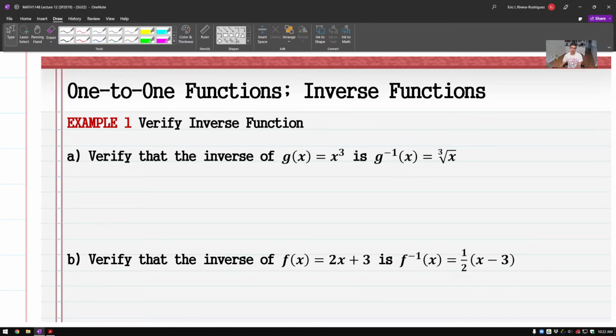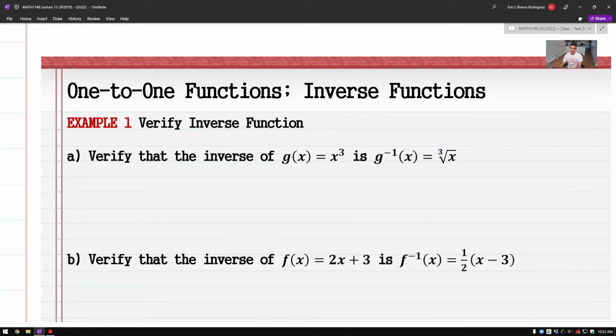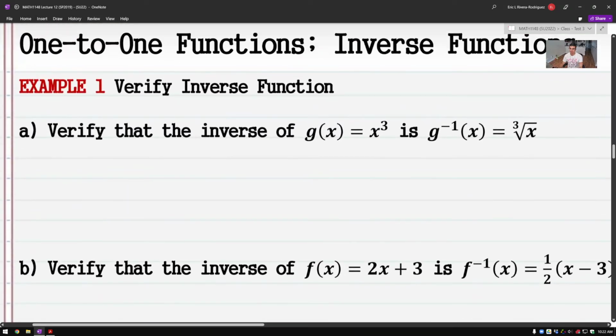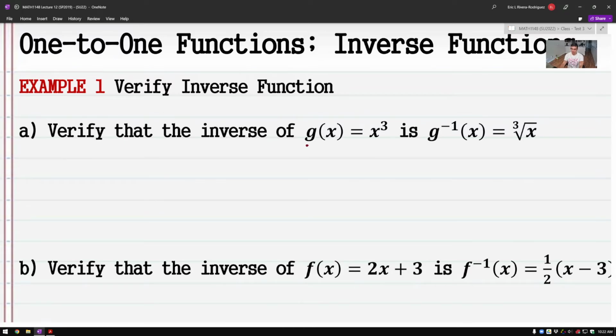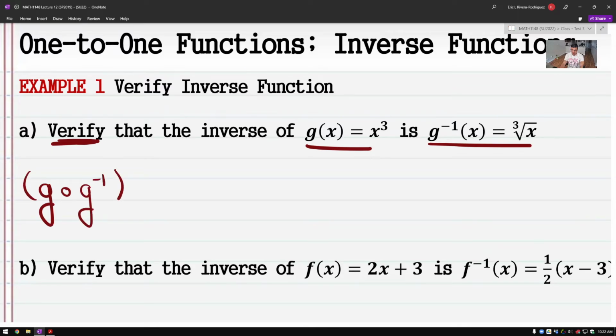Let's start with making sure that we verify inverse functions. Verify that the inverse of g of x is this equation that we have here. How are we going to verify? We have two conditions to meet. We have g composed with its inverse of x.